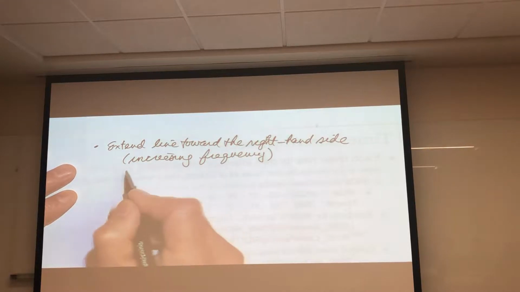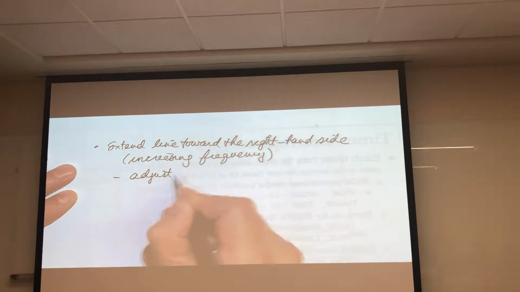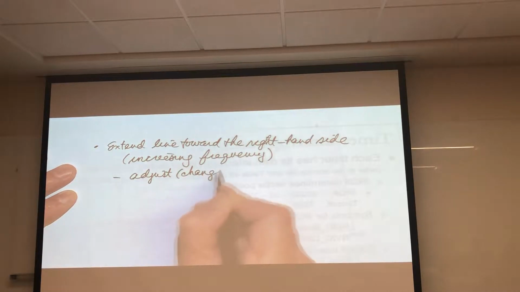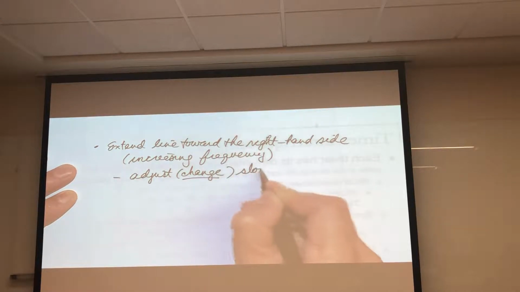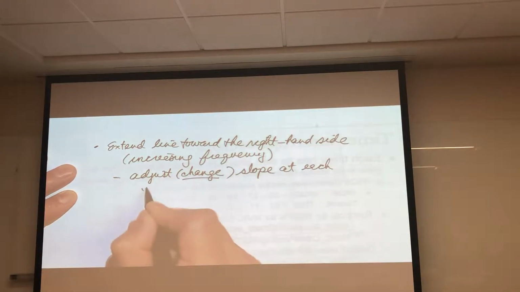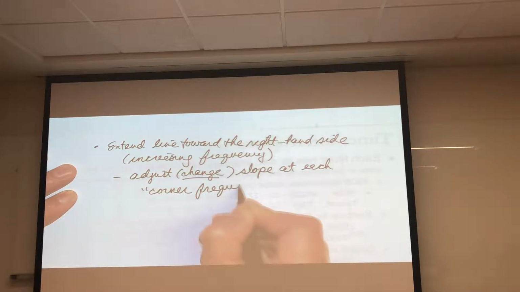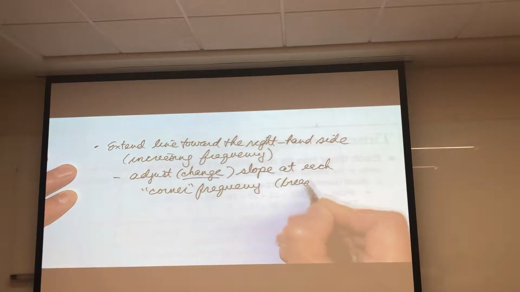But what we do is we change slope at each corner frequency, at each breadcrumb.